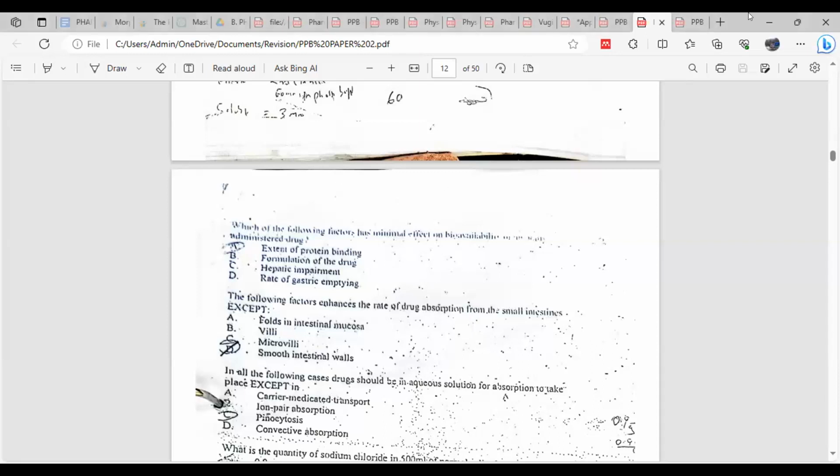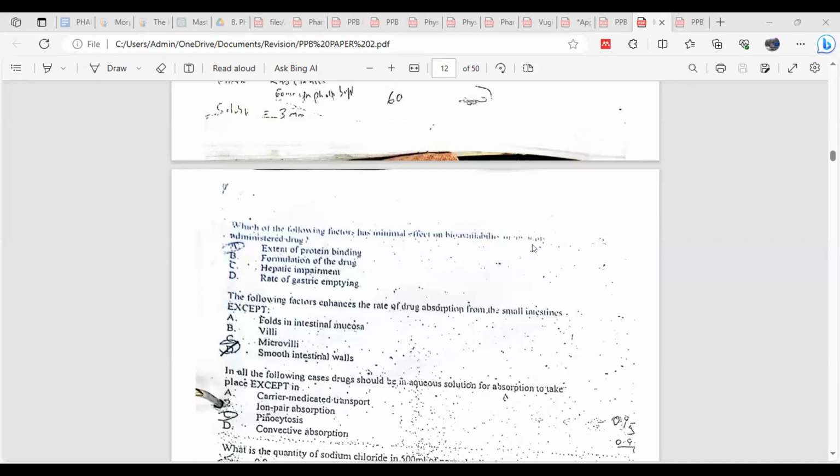I'm saying when you're talking about protein binding, it's more of the distribution of the drug, and distribution is not equivalent to bioavailability. Bioavailability is when the drug is now available for use, but protein binding is how it gets distributed to the various parts of the body. That's what I think, but I may be wrong.